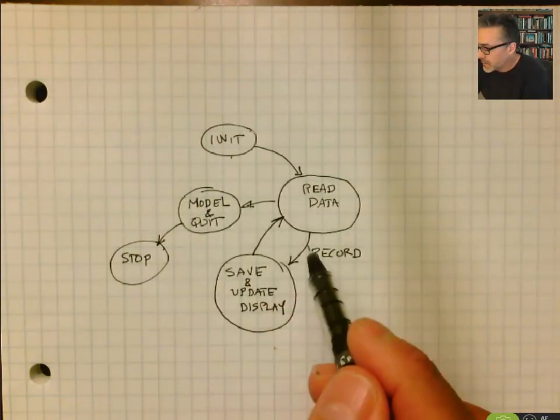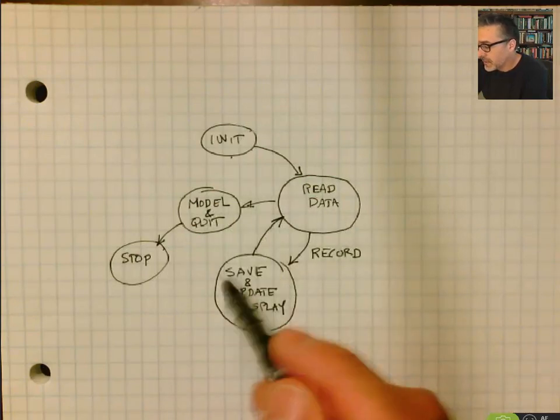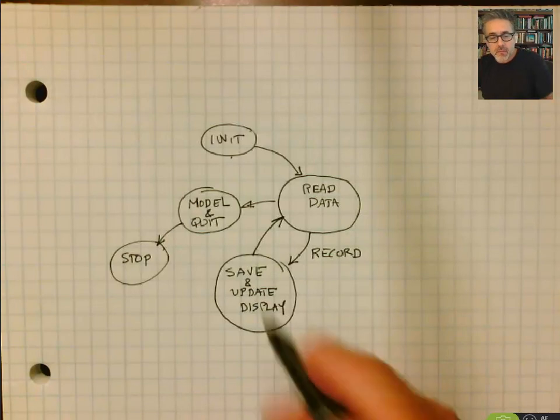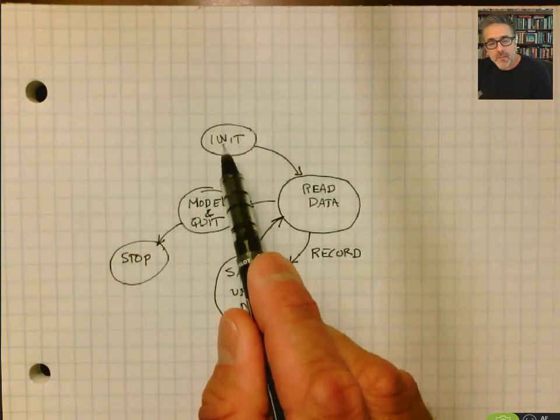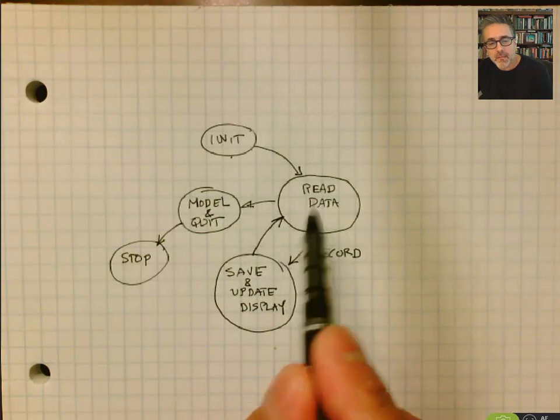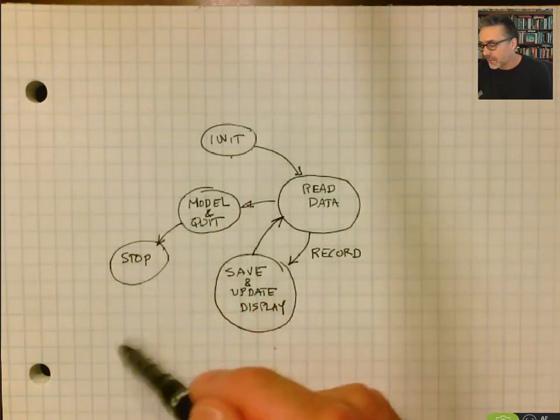Maybe you've seen something like this before in different ways, but this is the way you can at least begin designing your program. So you can see the states are the init, the read data, continuously save, and model and quit, and then there's a stop state, which means the program stops.